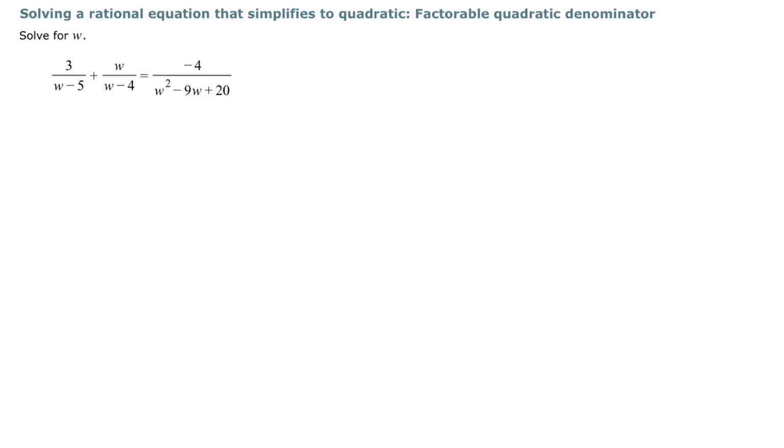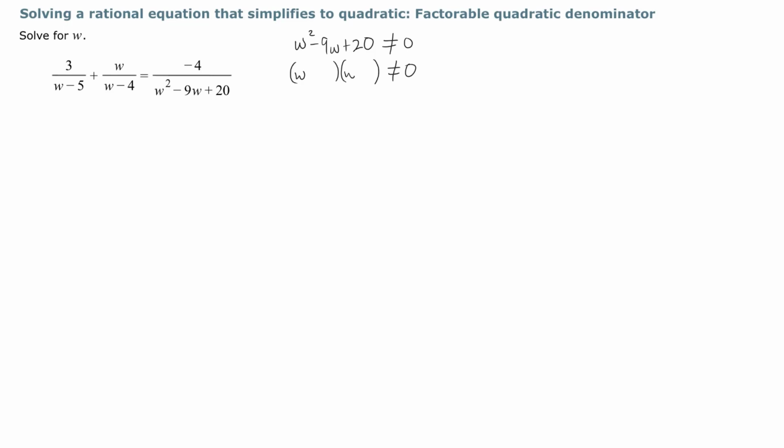Remember, for rational functions, we always have to pay attention to the denominators first, because there are often domain restrictions. If we look at this one here, there's a nice pattern that's going on here. Let's write that out. We know that denominator, w squared minus 9w plus 20, cannot equal 0. Now, this quadratic expression on the left is factorable.